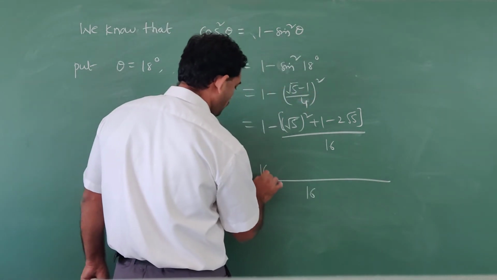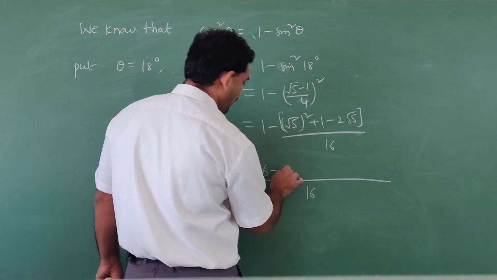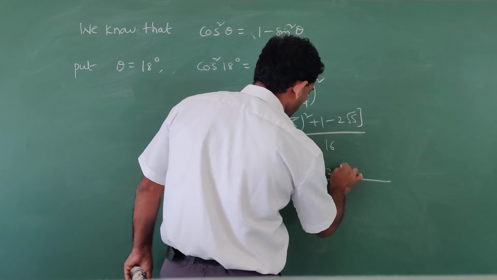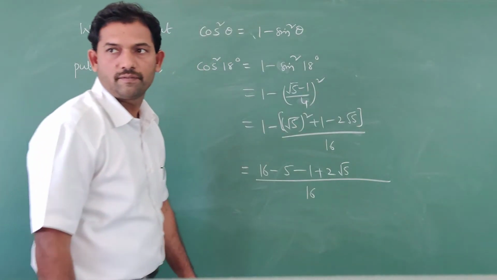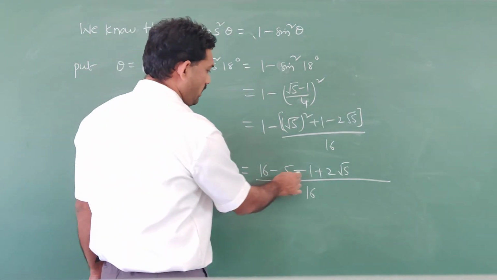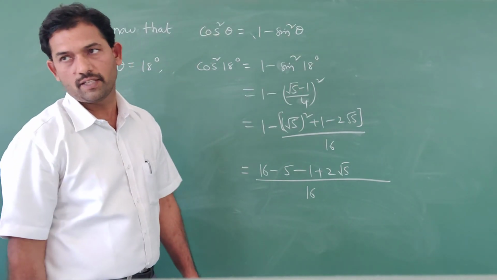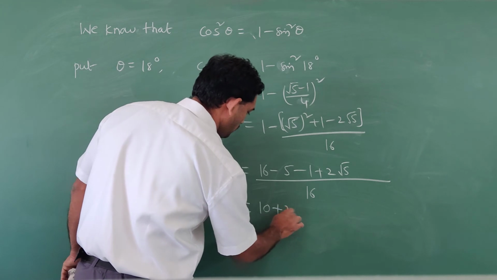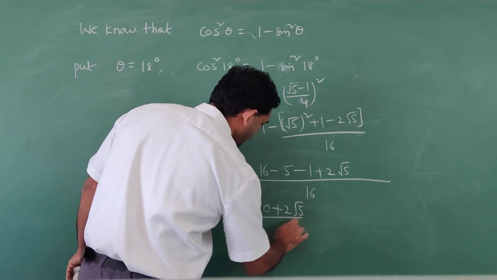So 16 minus 5 minus 1 plus 2 into root 5 divided by 16. 16 minus 6 plus 10. So that is 10 plus root 5 divided by 16.